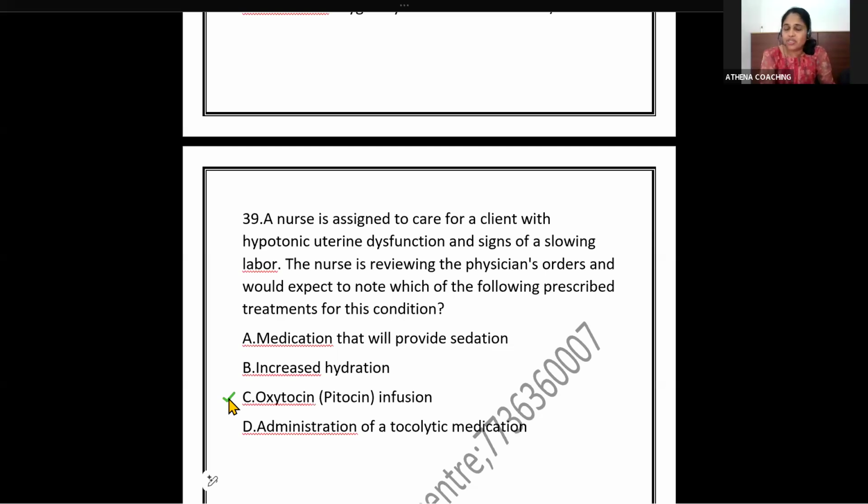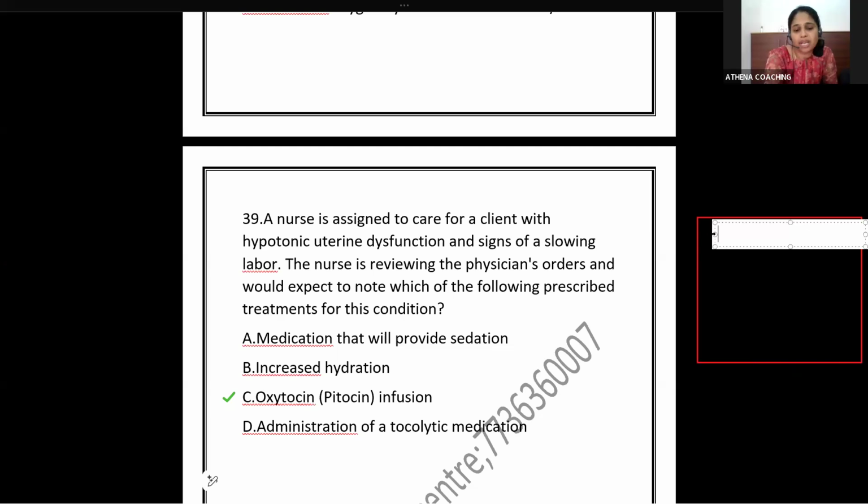Before administration of oxytocin, this is another point, so note it down in a box. Before administering oxytocin, what needs to be assessed? The fetal heart rate needs to be assessed before administering oxytocin.